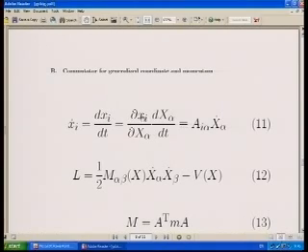I use the chain rule: I differentiate the old coordinates with respect to the new coordinates, and then the new coordinates with respect to time, with the sum over alpha implied. This set of partial derivatives I simply write as shorthand as a matrix A_i alpha. That is the matrix of transformations between the two sets of coordinates, and then the velocity capital X alpha dot.